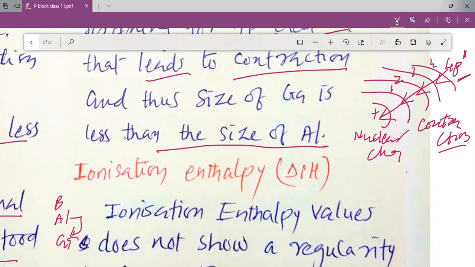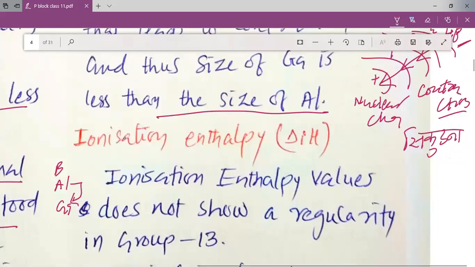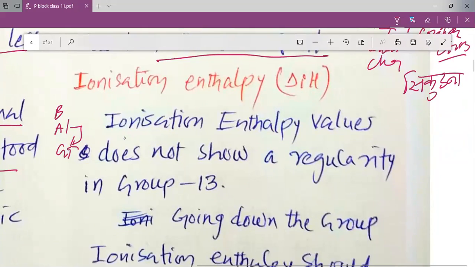Contraction means in Hindi you can call it sikudna. The size decreases. So as contraction takes place, the size decreases, and that is how we can easily understand that the size of gallium is smaller than the size of aluminium.